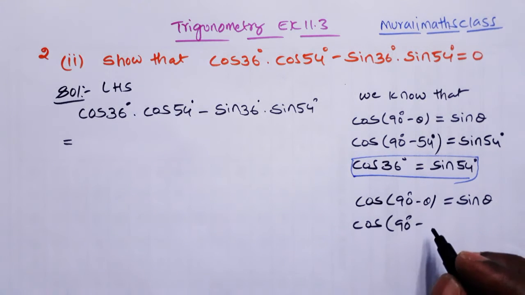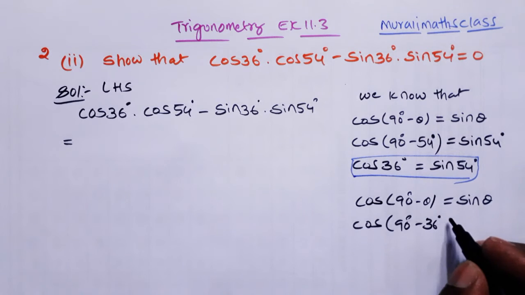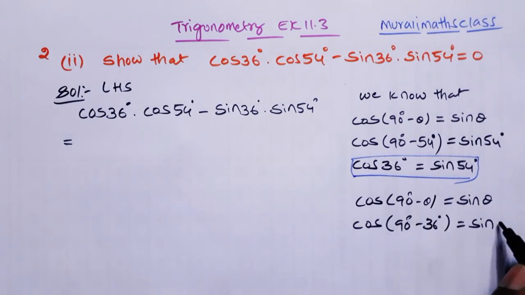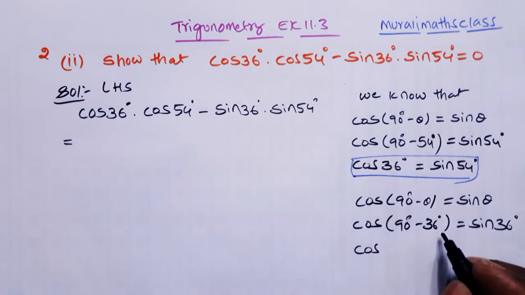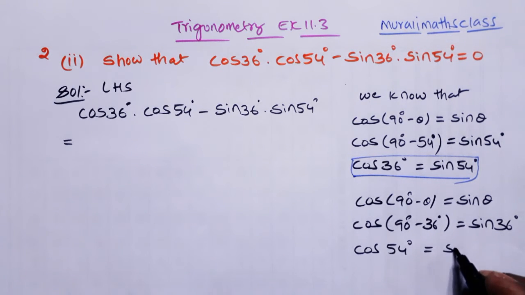From 90, how much do we have to subtract to get 54? We subtract 36, so theta is 36 degrees. So cos of 90 degrees minus 36, that is 54 degrees, equals sin 36 degrees. So the second value also we got.